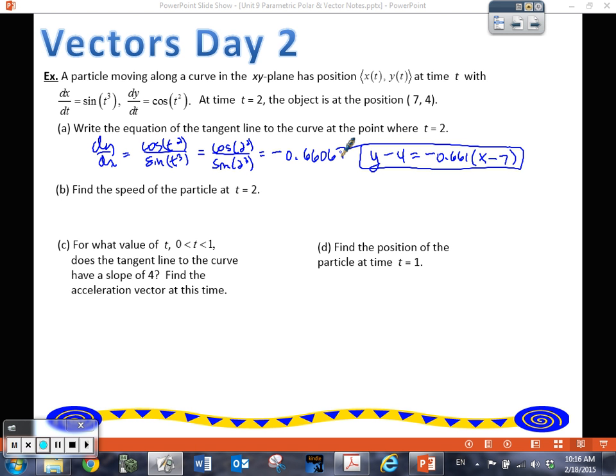So we need to find the derivative at 2. So we know what the derivative is. We need dx/dt at 2, which would be sine of 2 cubed, which is 0.98935.